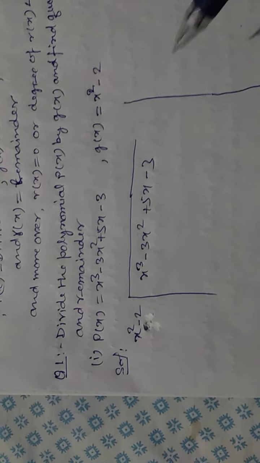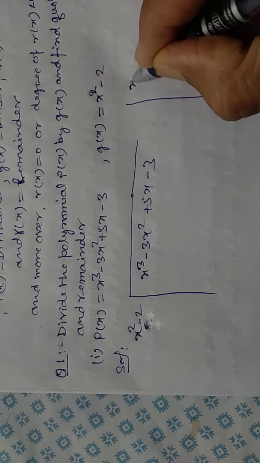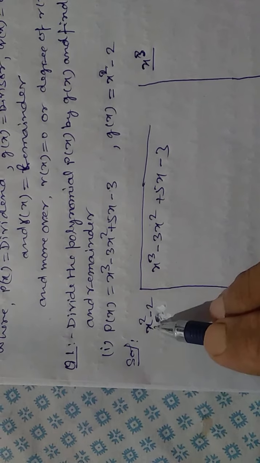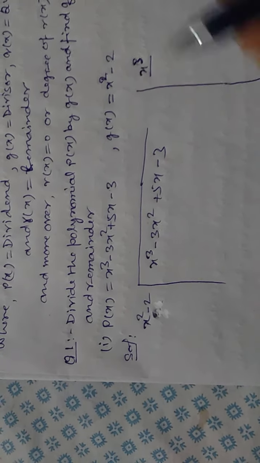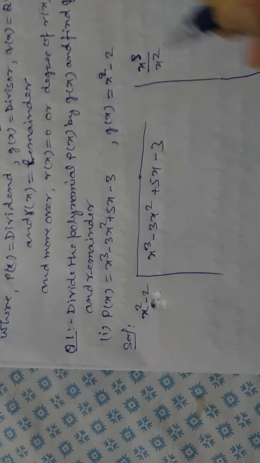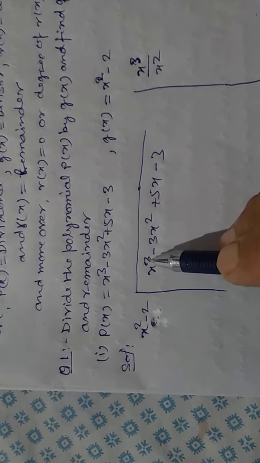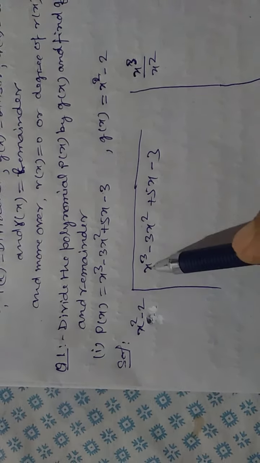To get the quotient, first of all, you will take the first term of this dividend x cube and divide it by the first term of the divisor x square. That means highest power of variable. Here you will take those terms which have the highest power, divide this term by this term.